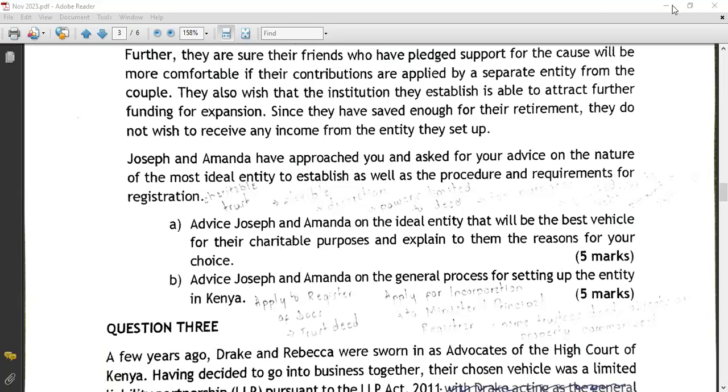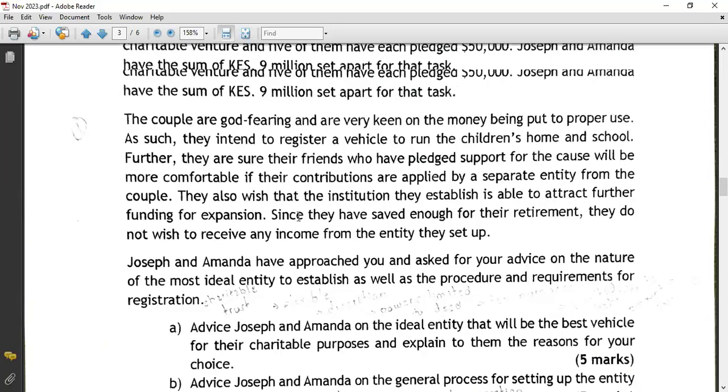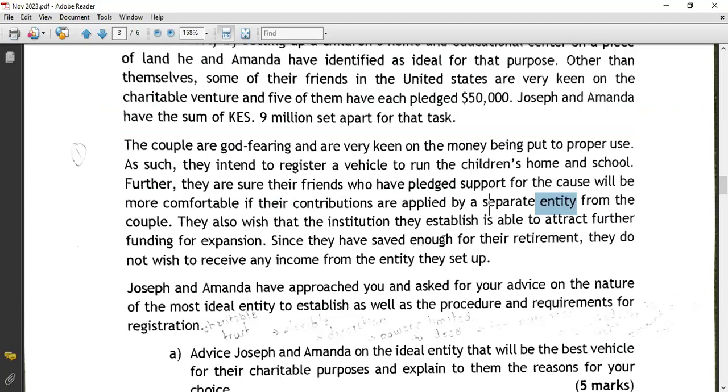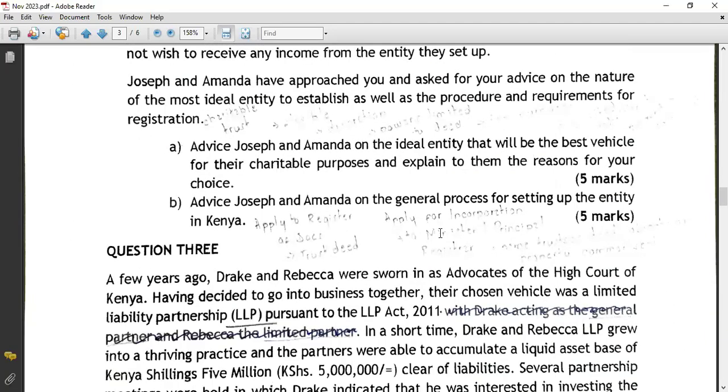So that is what I will talk about. Because the word here is about a separate legal entity.